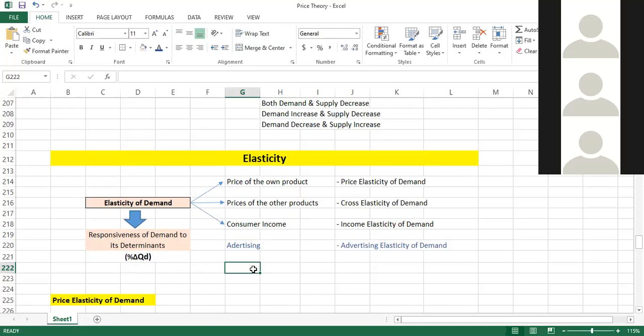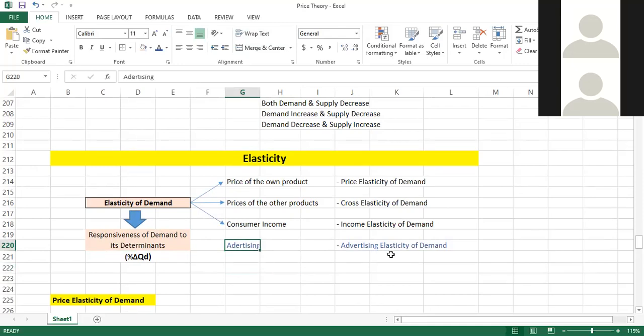No. Another factor is weather condition. Is it possible to measure the percentage change in weather condition? It's not possible to measure. That's why elasticity of demand is mainly analyzed with respect to these factors.